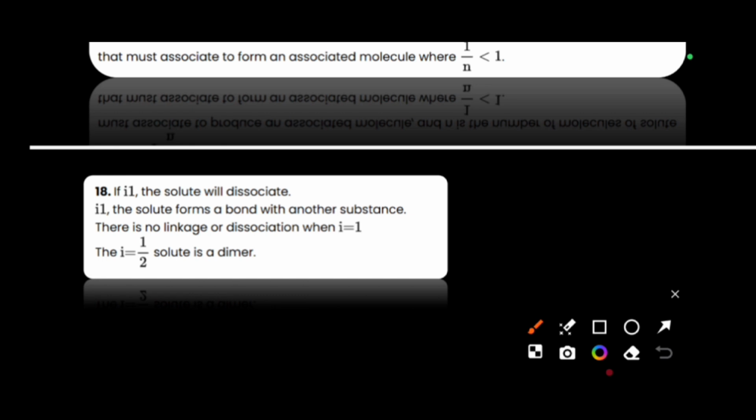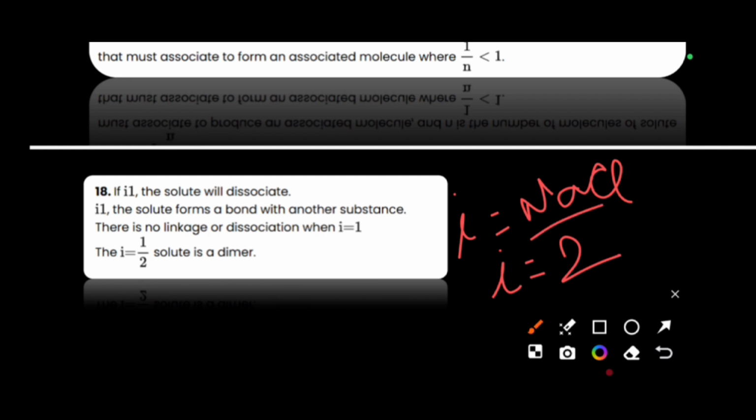Next one, you can see here the Van 't Hoff factor is equal to 1 if you take a non-electrolyte. And if complete dissociation or association takes place, then you can put the values of i according to the number of ions formed. Suppose you have taken NaCl, then i becomes equal to 2.